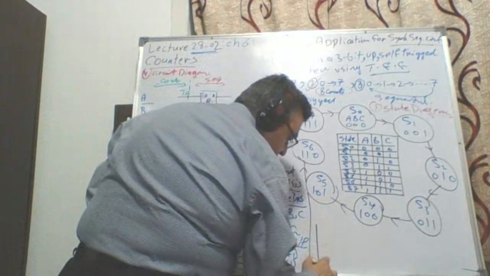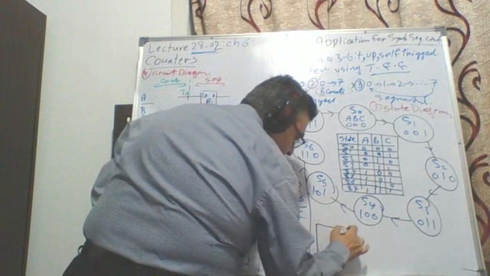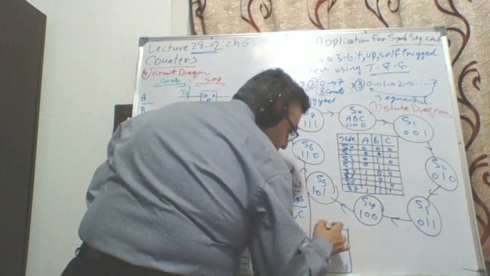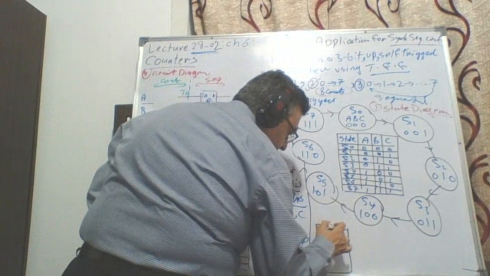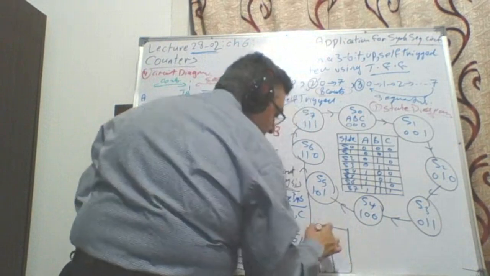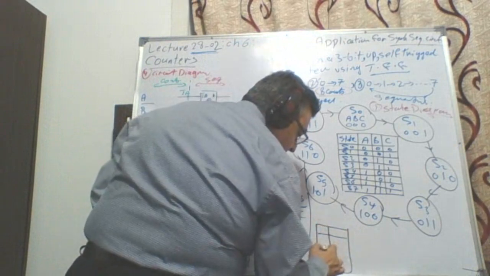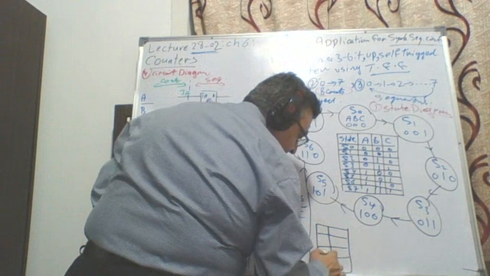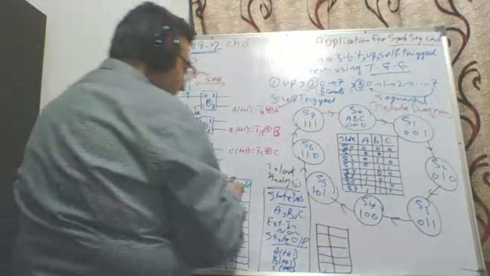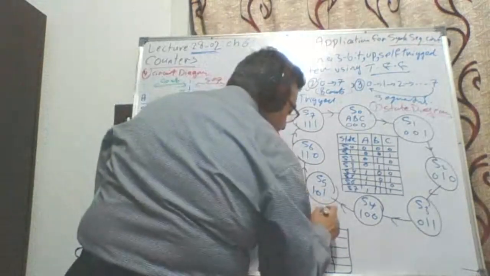I want to draw 2 tables. The first table is the characteristic table of the T. Do you still remember it? This is the characteristic table.